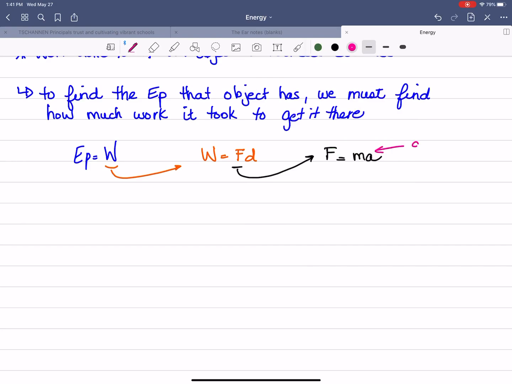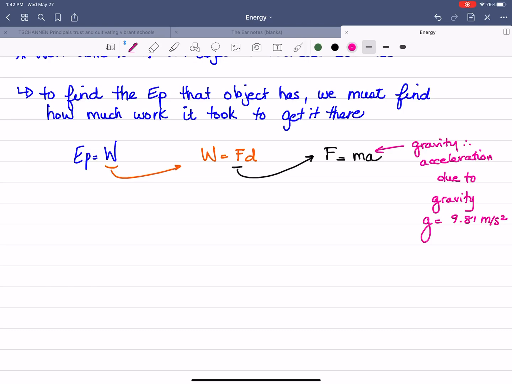And so the acceleration due to gravity, which if you remember was called G, was 9.81 meters per second squared.